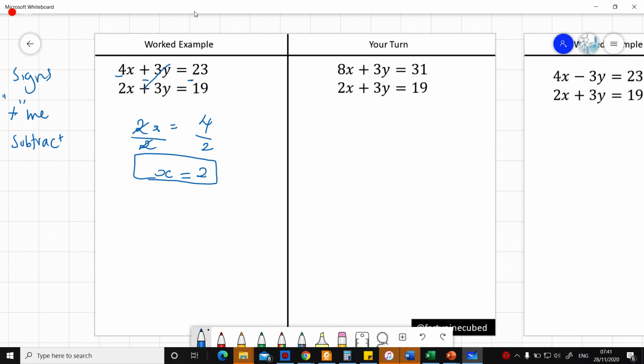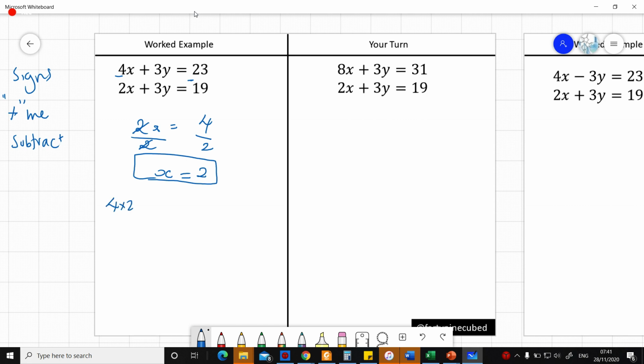Now we have what x costs. We can go back to the shop and ask the shopkeeper how much the x costs. Now 4x means 4 times 2 because we just found x.